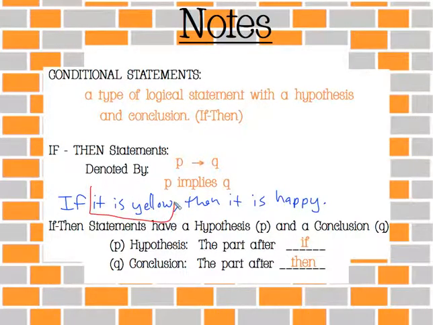So this right here, it is yellow. That's the hypothesis. The part after then is it is happy. That is our conclusion. So this whole sentence is what we call a conditional statement. This first thing has to happen before we know this happens.